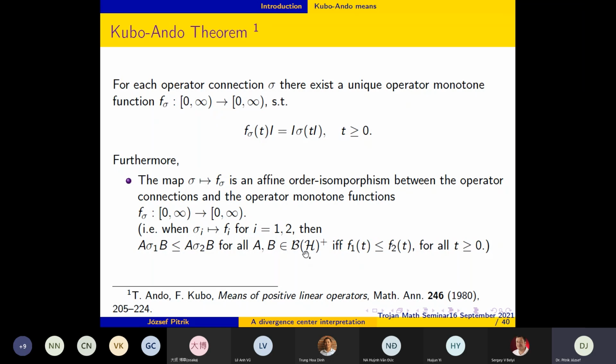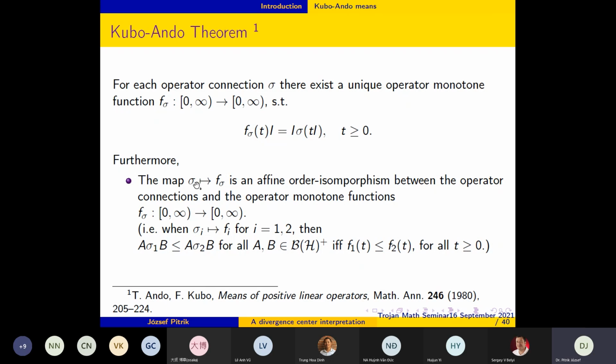The fundamental theorem of Kubo and Ando says that there is a one-to-one correspondence between operator connections and operator monotone functions on the positive half-line. More precisely, for each operator connection sigma, there exists a unique operator monotone function, which is often called the representing function of sigma, with this property.